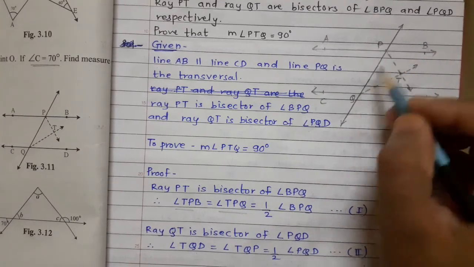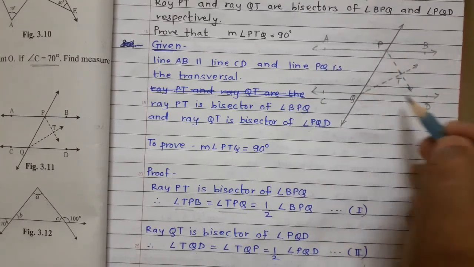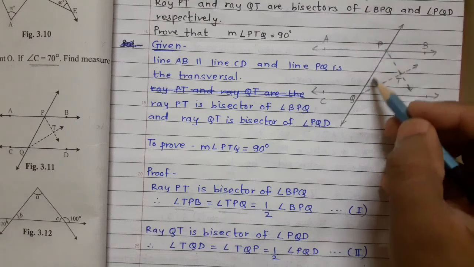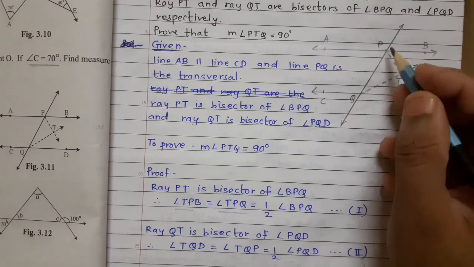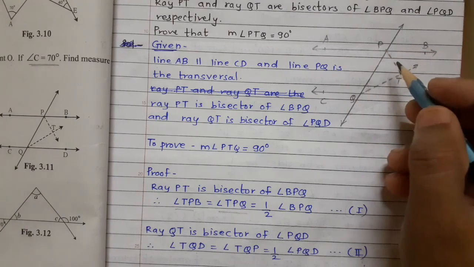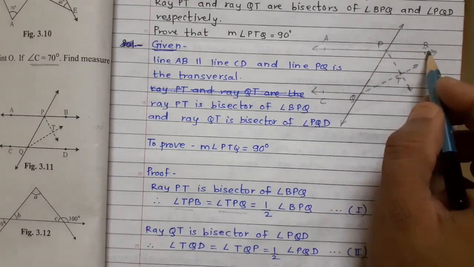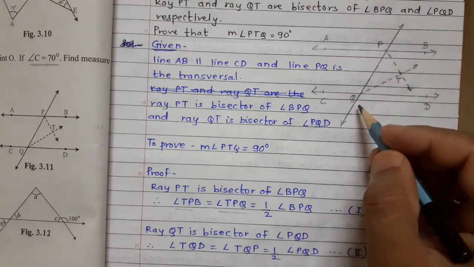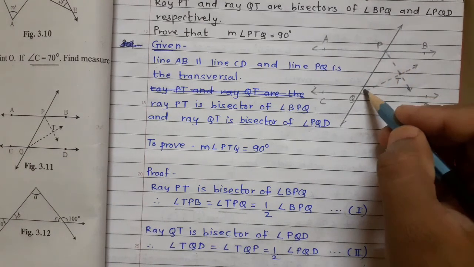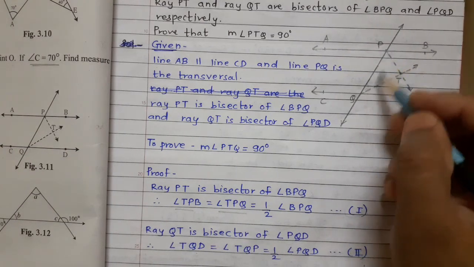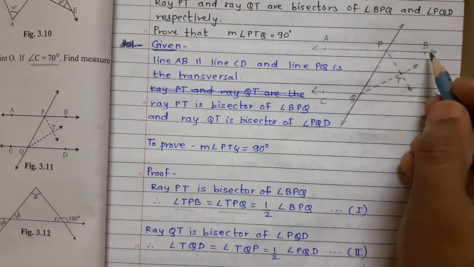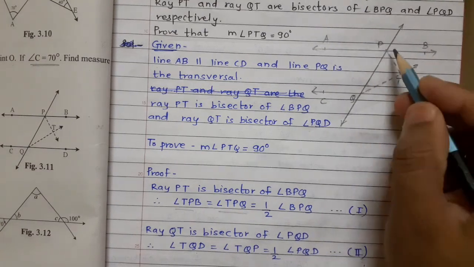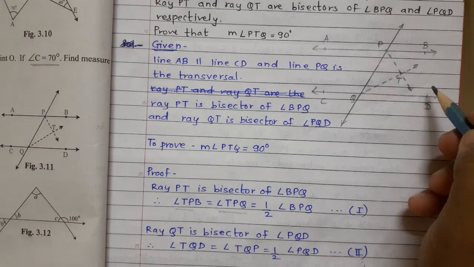These two angles are interior angles made by the transversal on the same side. Two lines are parallel and one line is their transversal, then interior angles are supplementary. So we can write angle BPQ plus angle PQD is equal to 180 degrees.